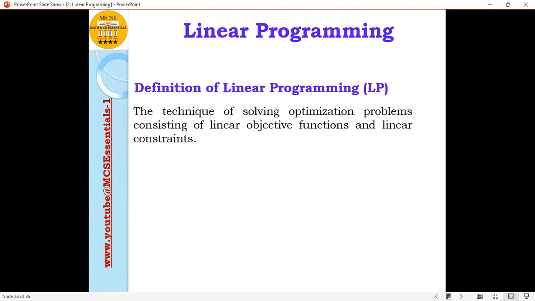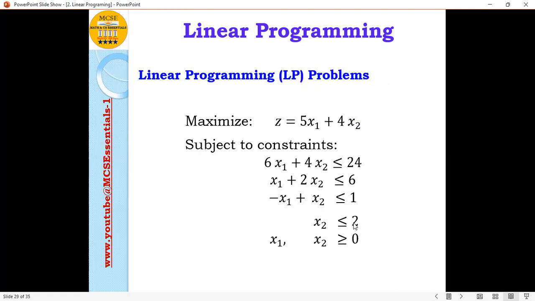What do we mean by that? We mean that the variables appearing in the objective function and all the constraints appear raised to the power 1. Here is an example of a linear programming problem in which we have variables x1 and x2 raised to the power 1. 5 and 4 are the objective function coefficients.